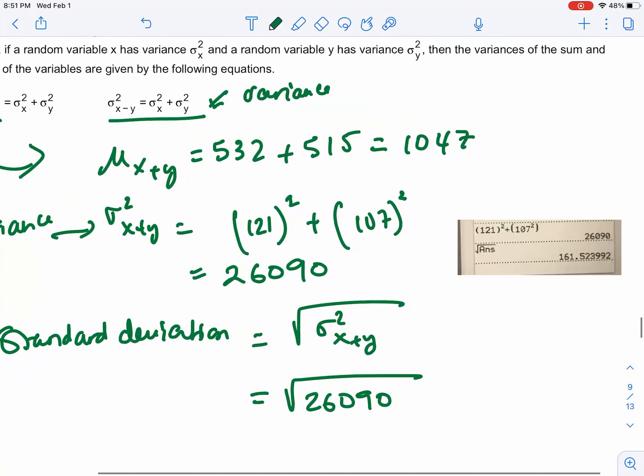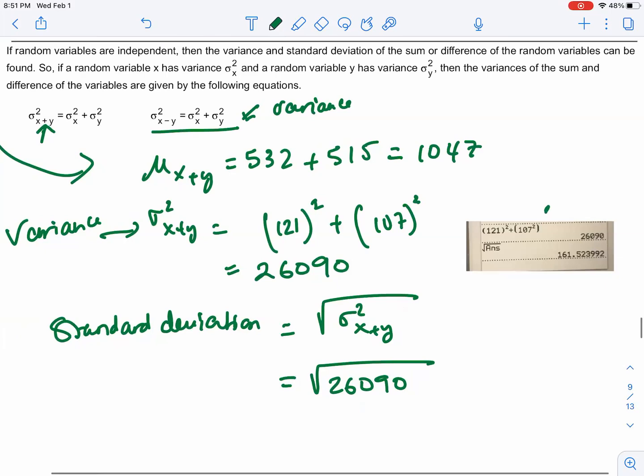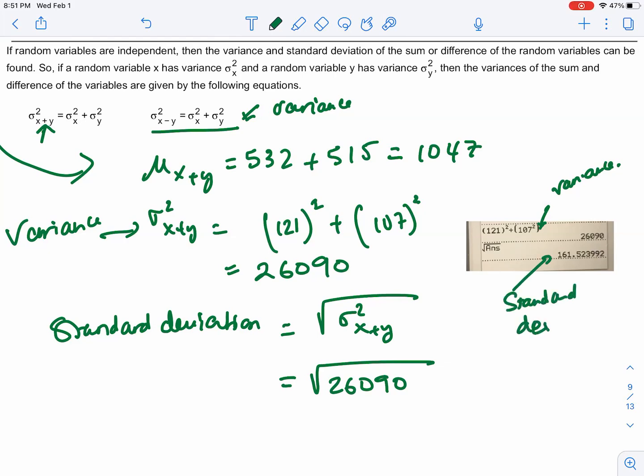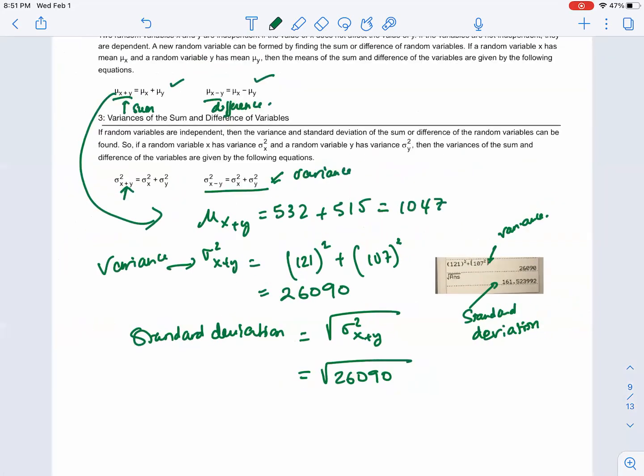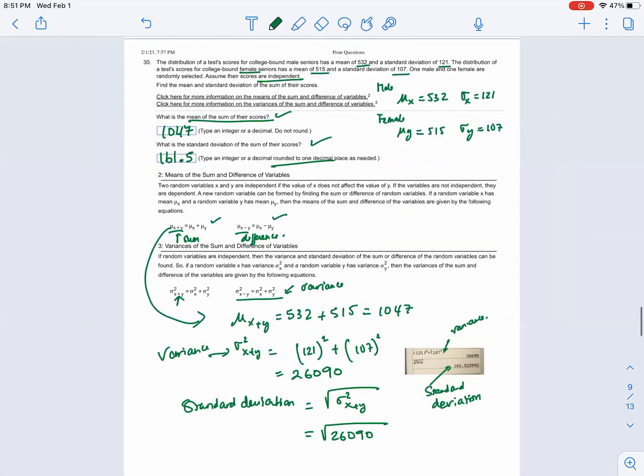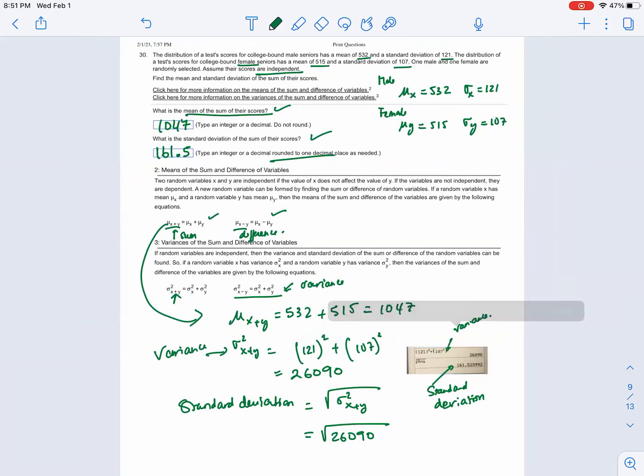See, this was to find the variance. And this was to find the standard deviation. That's it. Or you could do it one step at a time.